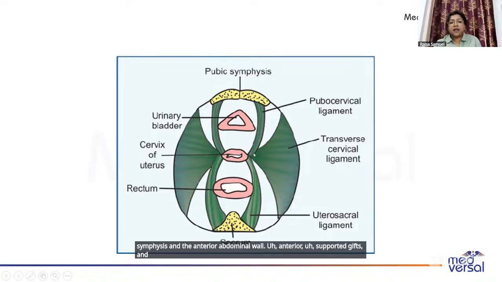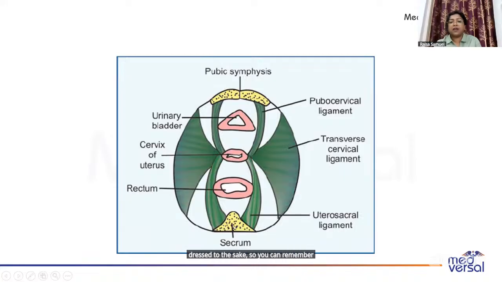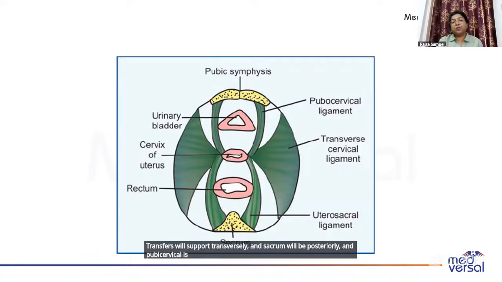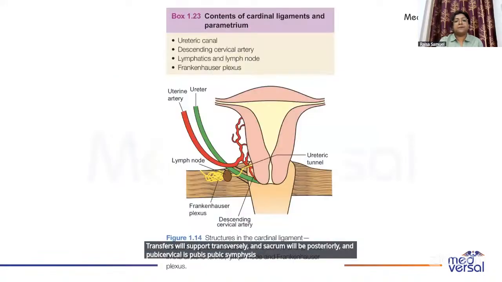And this is the transverse cervical ligament, which supports the cervix transversely, and the uterosacral ligament, that is the uterus to the sacrum. So you can remember it is at the sacrum, so that is posteriorly. Transverse will support transversely, sacrum will be posteriorly, and pubocervical, the pubic symphysis, is anteriorly.